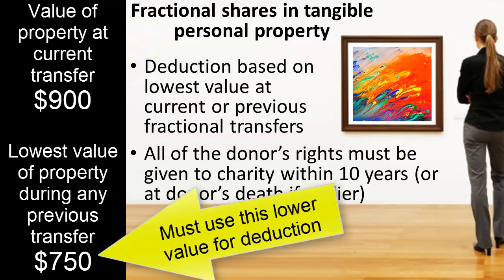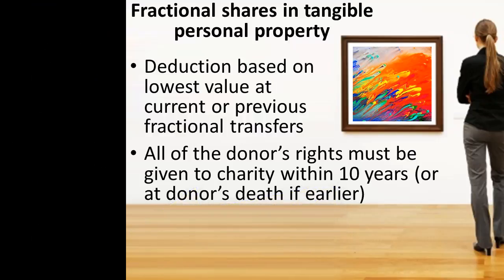Thus, if the property increases in value after the initial gift of a fractional interest, the donor will not benefit from this increase in value. Although these rules reduce the attractiveness of gifts of fractional shares in tangible personal property, they do still allow for the deduction under these special circumstances.